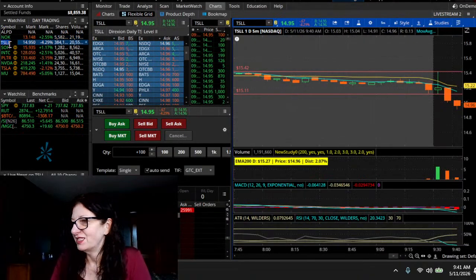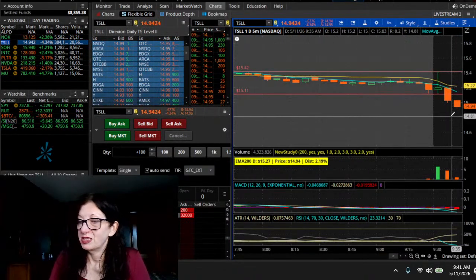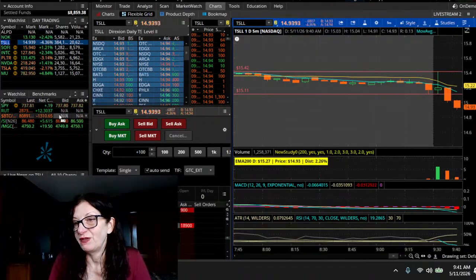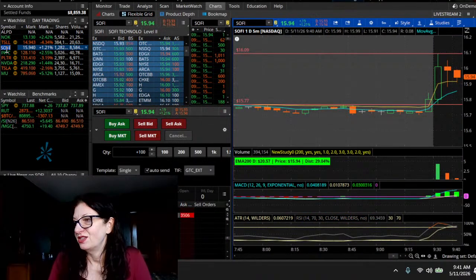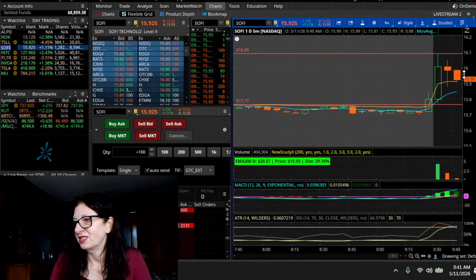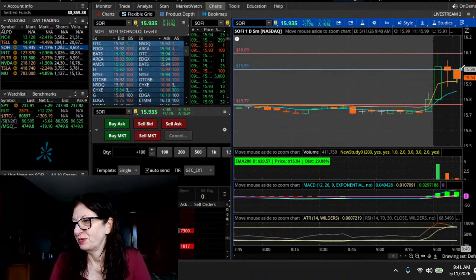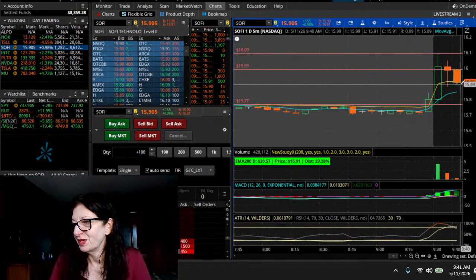Let's see, TSLL. This is below, so I guess this would be an opportunity for shorts, right? SoFi. This is a nice bull flag pullback, possibly. But now it's below VWAP.